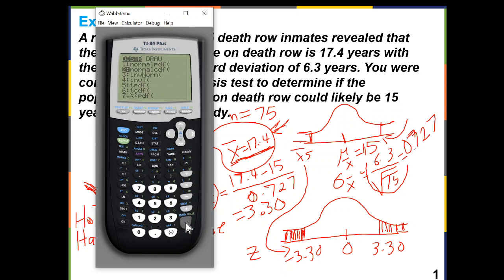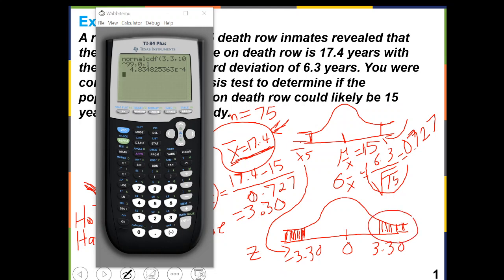Normal CDF, from 3.3 comma 10 to the 99 comma 0 comma 1, which is a very small number, but that's just this area.